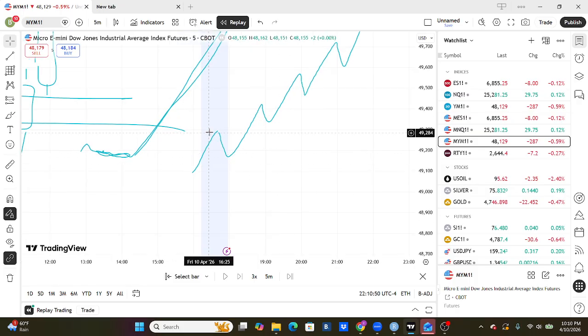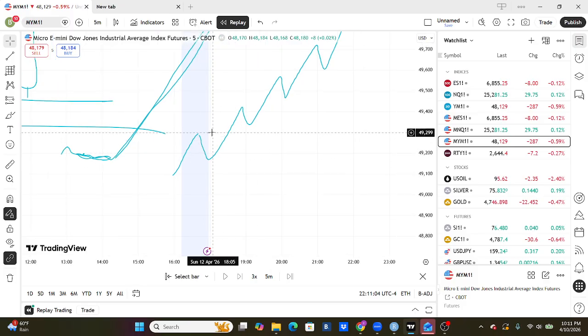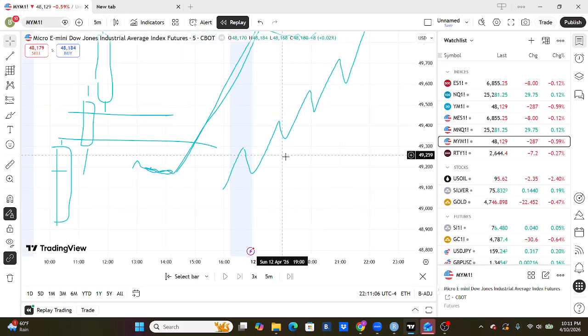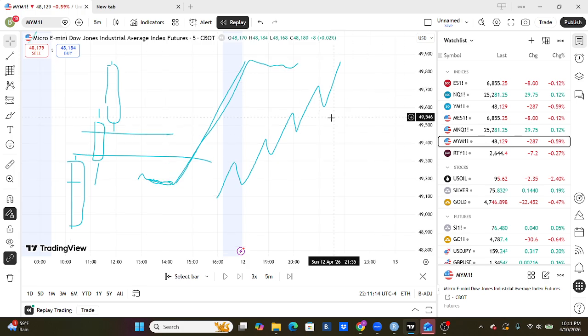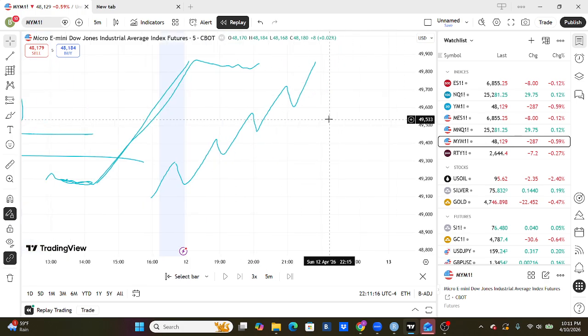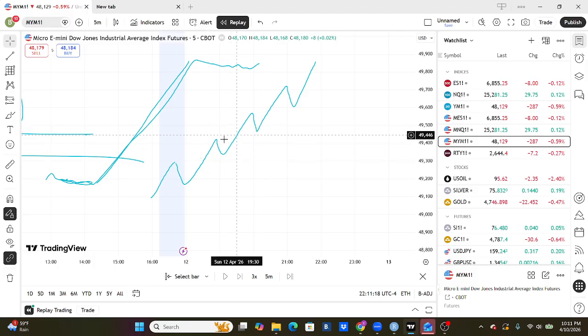The market moves up, aggressive sellers, and then buyers that missed this move and want to get in are able to get filled here, and sellers that want to get in are able to get in, and then they get stopped out, and then it gets moved up, and buyers that missed this move that want to get in get filled. It's just an efficient market. It's efficiently moving. Everyone's getting filled.